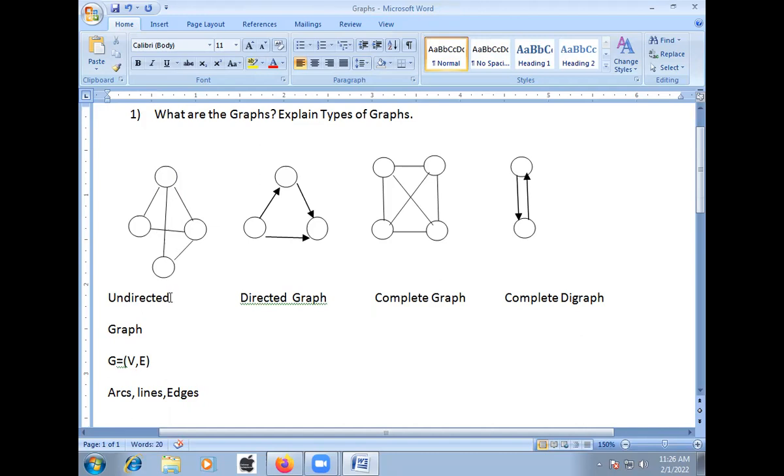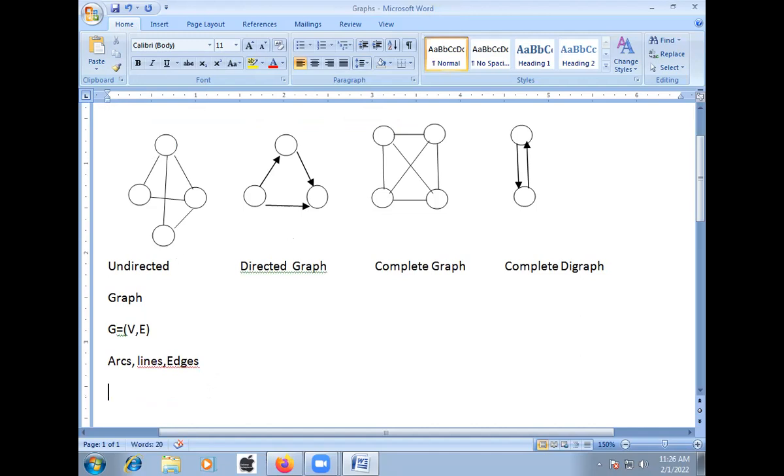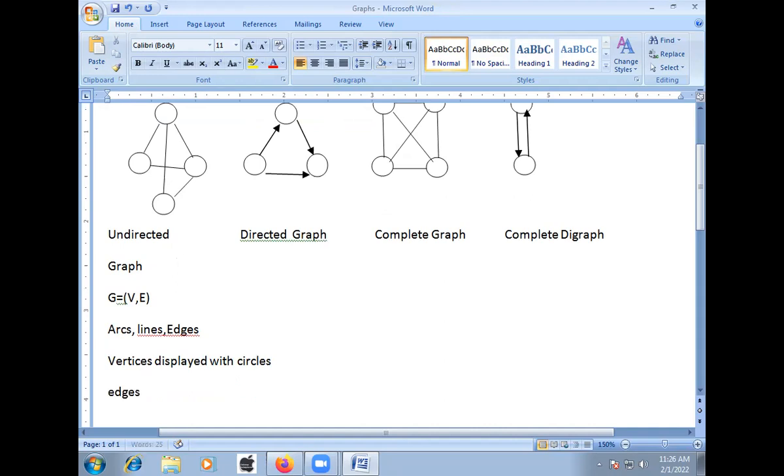Here, vertices are displayed as circles, and edges are displayed as lines.